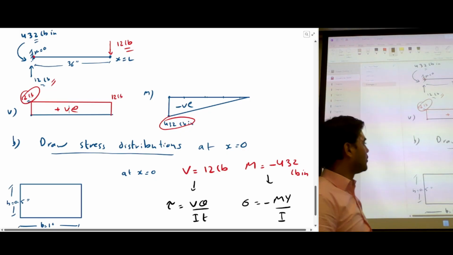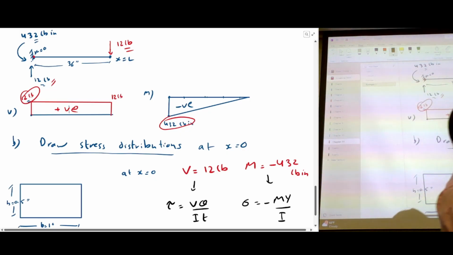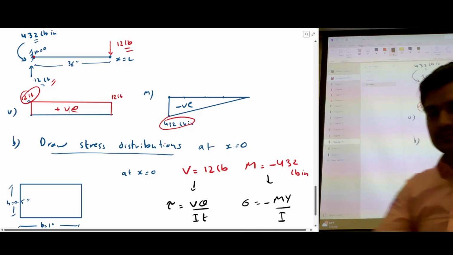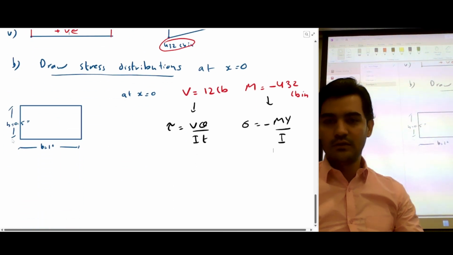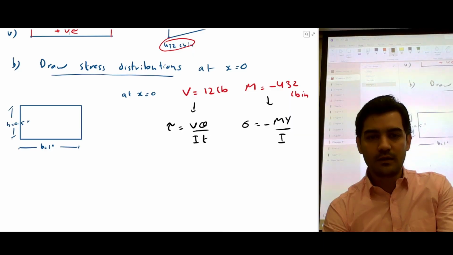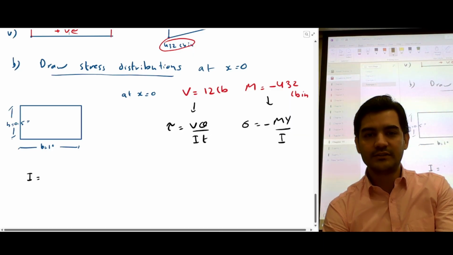So you can draw the stress distributions. You can write down some of the formulas. Moment of inertia is bh cubed over 12.